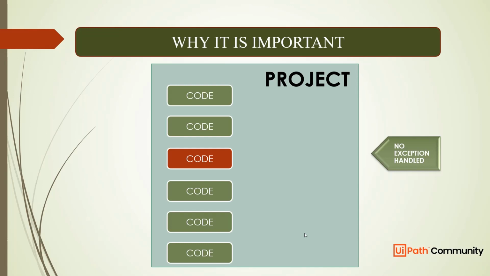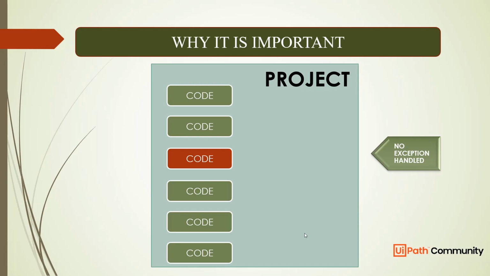Do you want to stop the complete automation or do you want to execute the other pieces of the automation? Let's say a certain piece of code has got some exception or error. What you do entirely depends on your automation, whether you want to stop or continue.